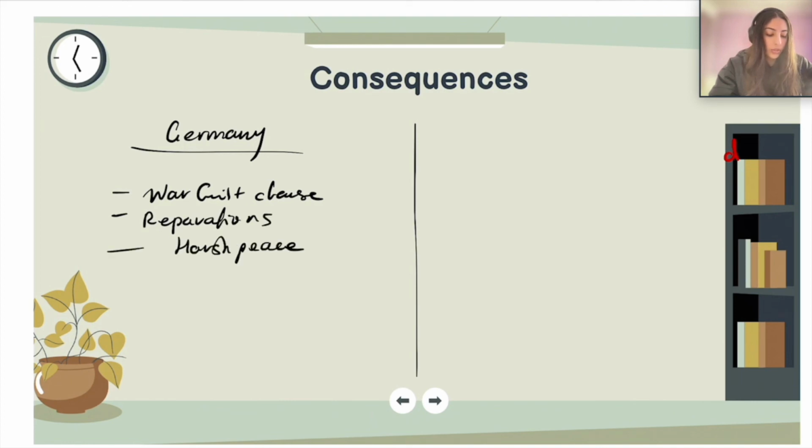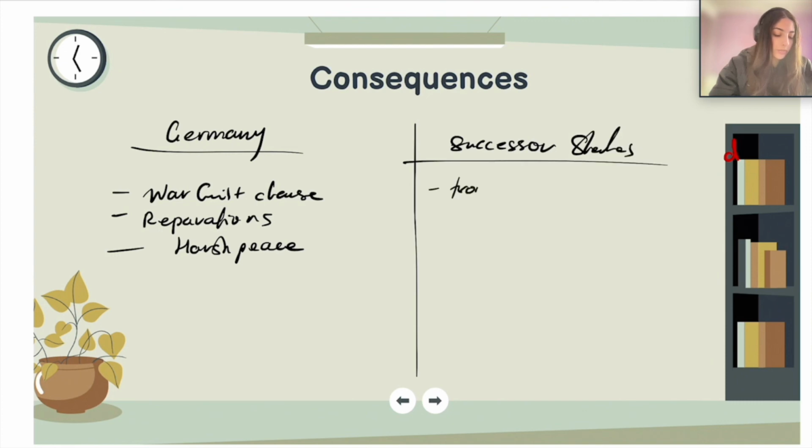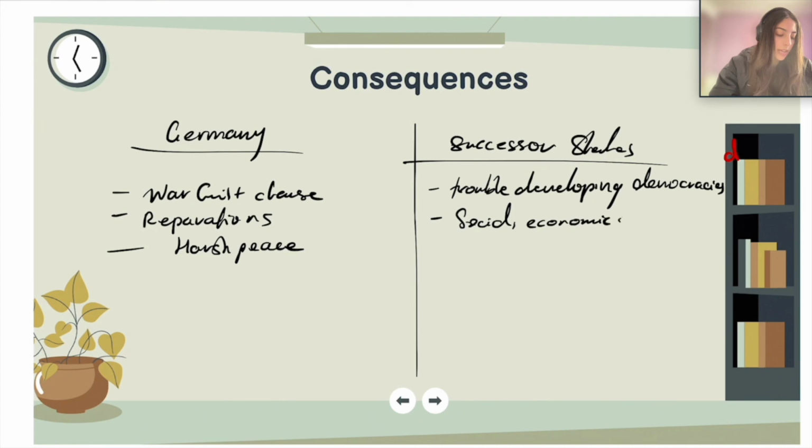And then we can also talk about successor states, which had trouble developing democracies, and thus social, economic, and of course political trouble. And here you can use Austria as an example.